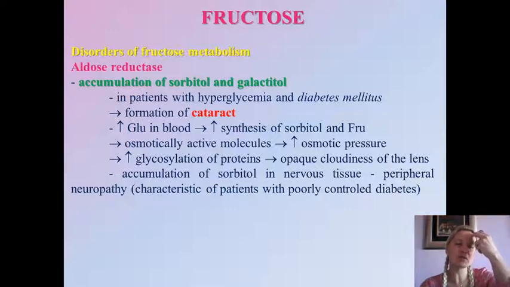Additionally, accumulation of sorbitol in nervous tissue in diabetic or hyperglycemic patients leads to the formation of very characteristic peripheral neuropathy, characteristic of patients with poorly controlled diabetes.